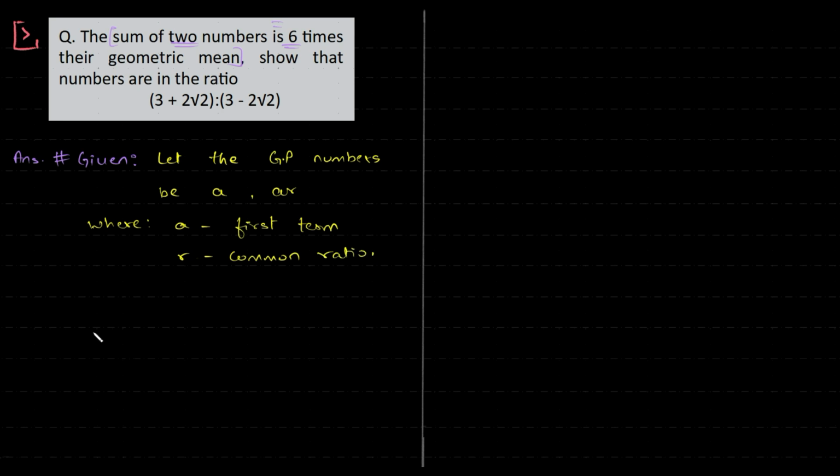So once we have this, then we can talk about what we need to prove. So we have the first term and the second term is equal to 3 plus 2 root 2 divided by 3 minus 2 root 2.